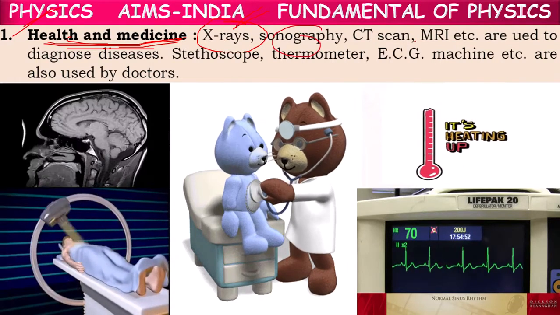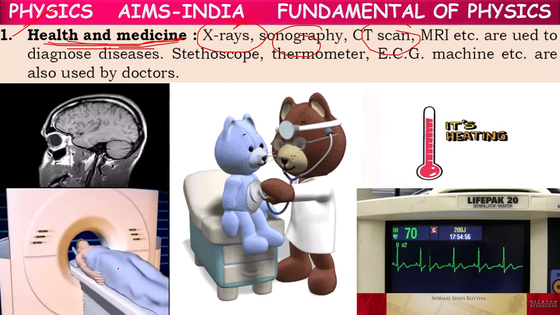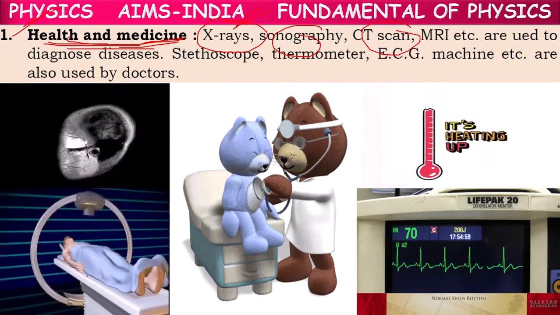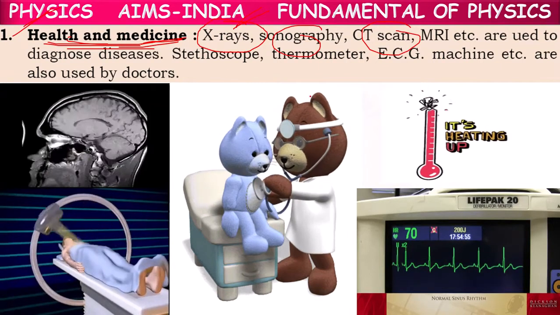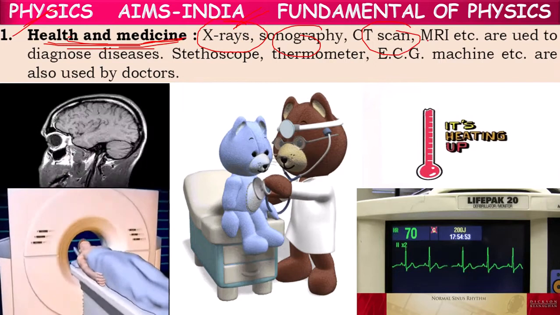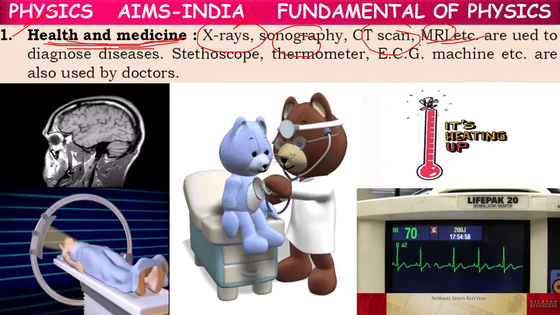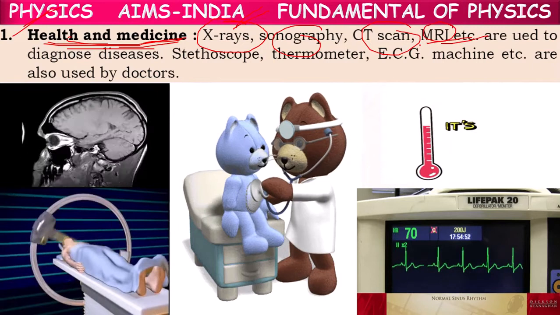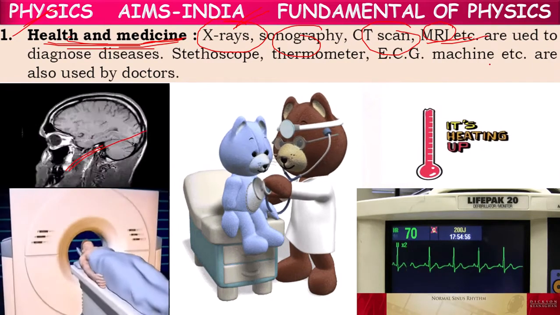Sonography or CT scan: your body will go into one machine and be totally scanned in the machine. CT scan, or we can call it MRI scan. These words you can learn later, children. Brain scanning can be done with CT scan or MRI.